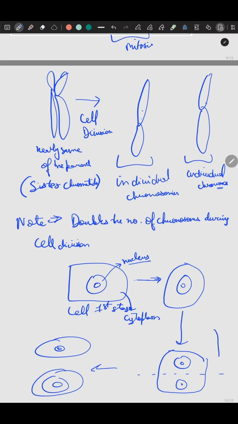Here the cytoplasm started to divide and the nucleus is also dividing. The nucleus is doubling, for example this is n, this is 2n, and it is getting halved, n and n here. After that, when the cytoplasm divides, the two cells get separated and two new cells form. We term this cytokinesis, which means division of the cytoplasm.